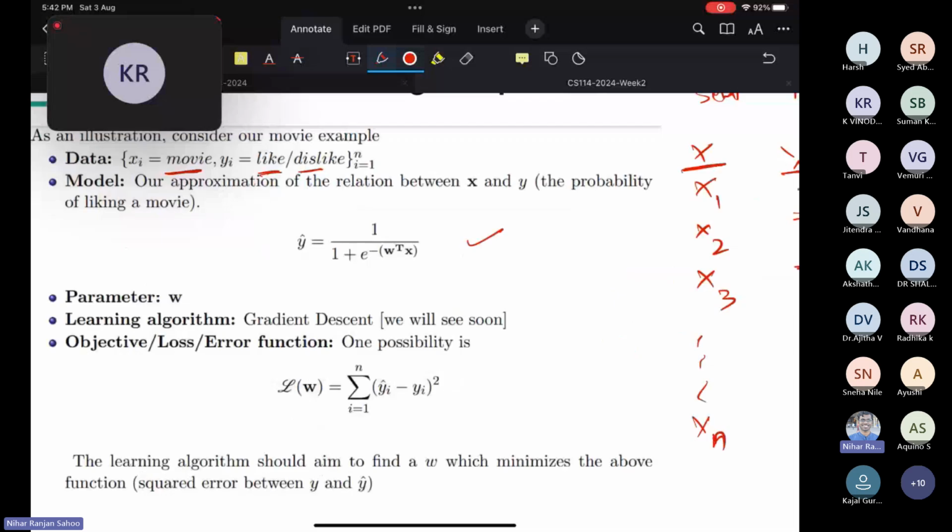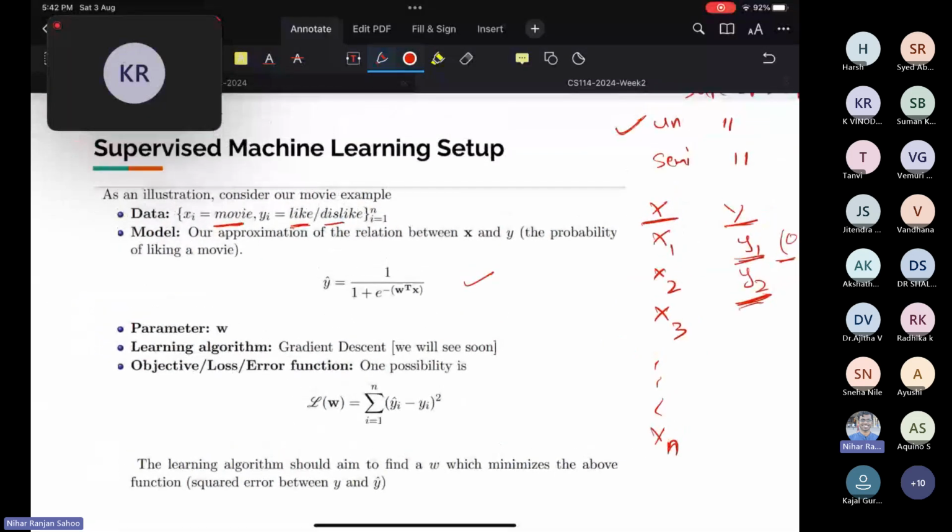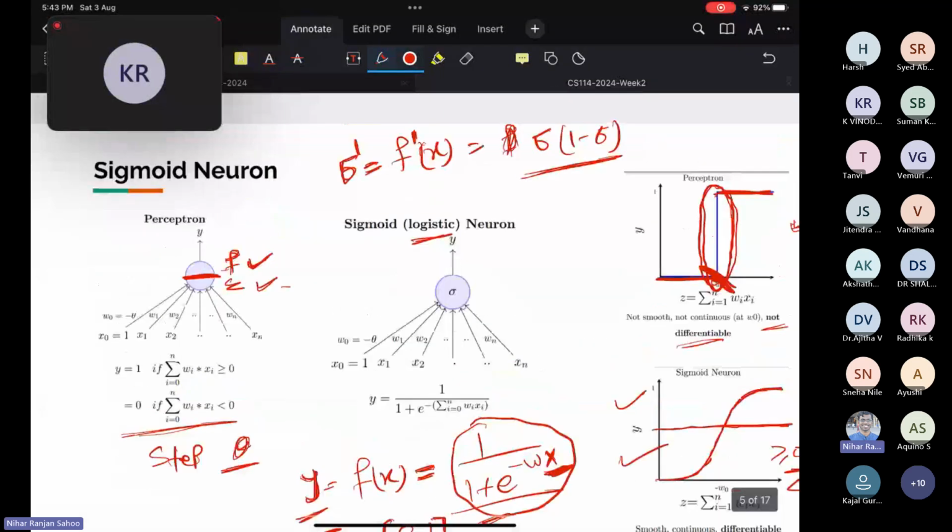When we are thinking about a complete supervised setup, the first thing we need to know is what data we are working with. Then, what will be the modeling? Modeling is about what function we are using. In the case of the perceptron, we know the aggregation is fixed, so the modeling decision comes after it: what function will be applied after aggregation?